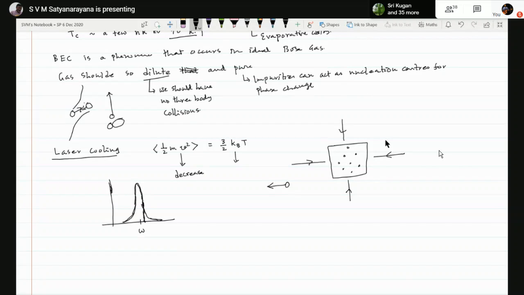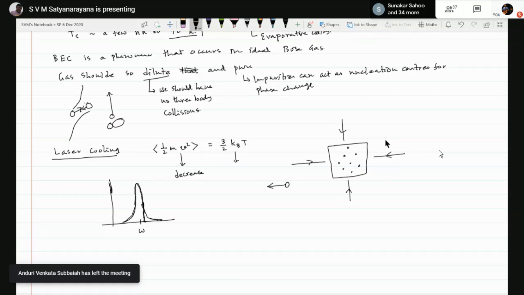So these particles moving with high velocity in this direction tend to absorb more photons and then re-radiate, of course, in some random direction, and thereby their velocity in this direction will be reduced.